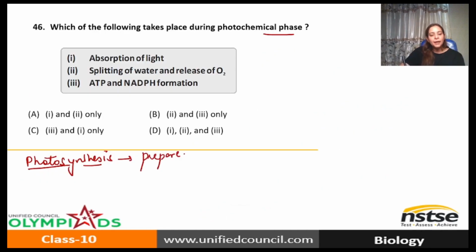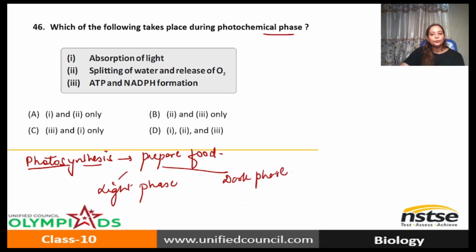If we study the mechanism of photosynthesis, we see that it is divided into two phases: the light phase or light mechanism, and the dark phase or dark mechanism or dark reaction.